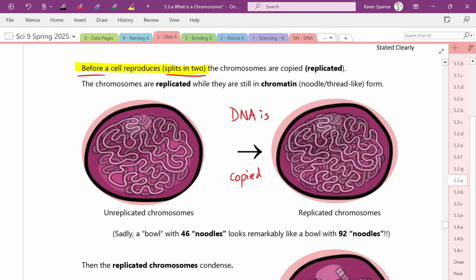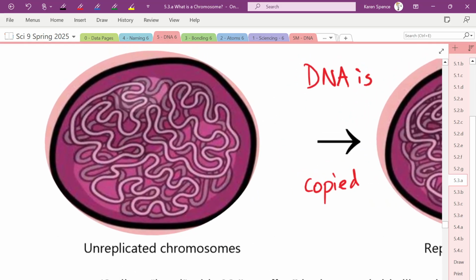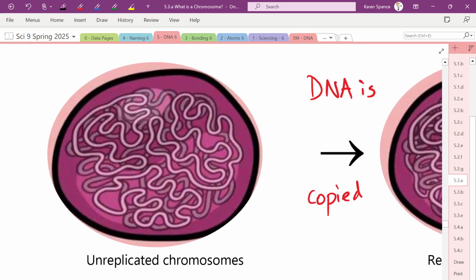How many unreplicated chromosomes are there in a cell? Everyone. How many unreplicated chromosomes in a cell? No, unreplicated.